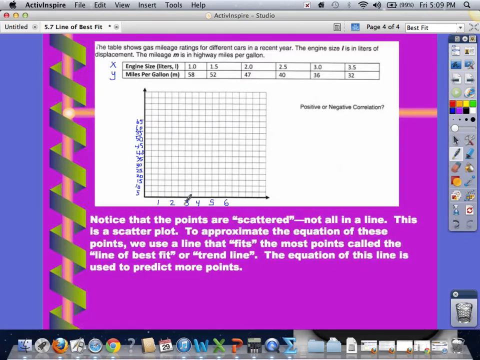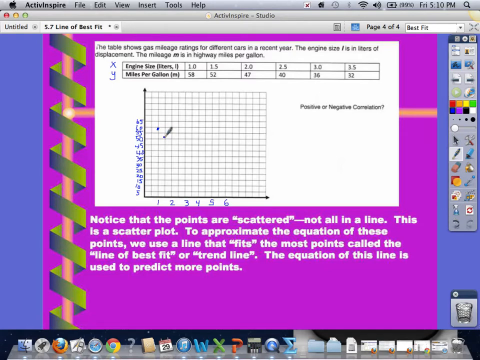So when we graph this, at 1, it says 58. So let's go up here to about right here. At 1.5, it's going to be at 52, about right here.